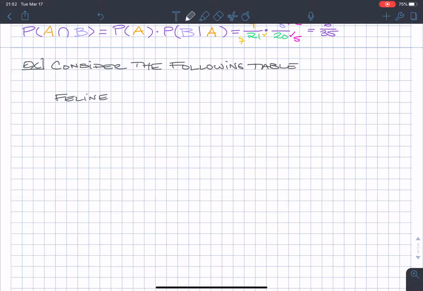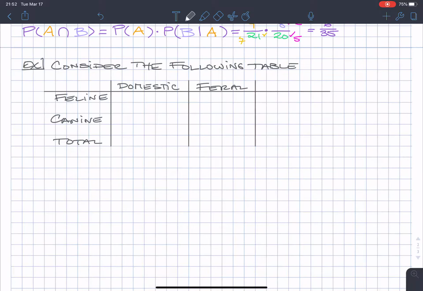I'm going to have a category for canine. And I'm going to have the totals. Okay, so now I'm going to have domestic. Feral. And then the total.